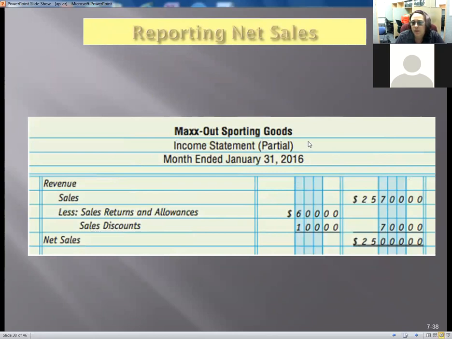Okay, here's a partial income statement. You've got revenue, you've got your sales, you've got your sales returns and allowances, less your sales discounts. So this is your sales, and you want to reduce it by your sales returns and allowances and your sales discounts. These are called contra accounts. They offset the normal balance of the main account. Another example would be equipment or land, and then you have your depreciation.